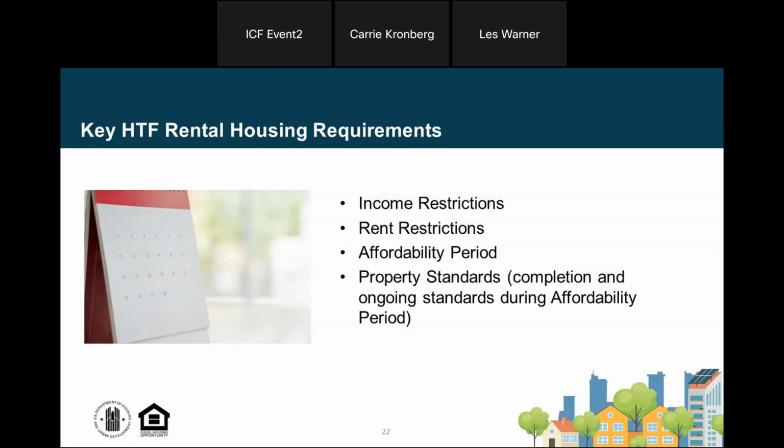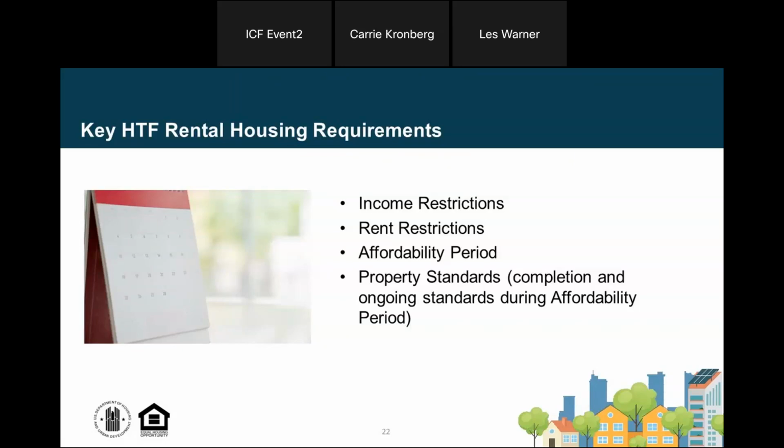And so that's why they're going to require that there be a land covenant or deed restriction to try to make sure that they're able to enforce that this project will remain as affordable housing throughout that affordability period to avoid the risk of repayment.